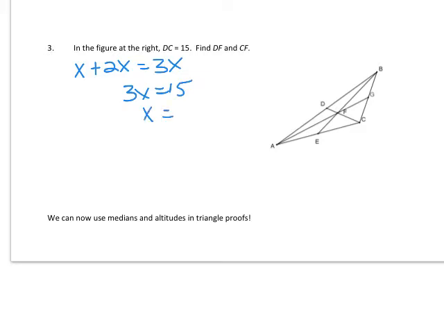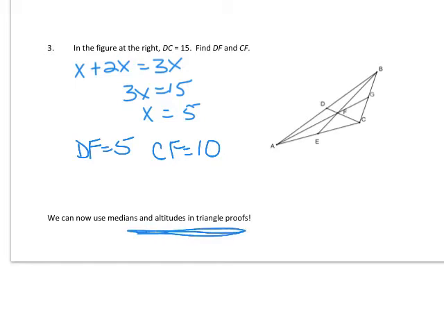So one part of that is 5, and 2 parts is going to be 10. DF is the single part, and CF is the double. So DF is 5, and CF is 10. Now that we have medians, we can use them in medians and altitudes in triangle proofs, which is what we're going to do next.